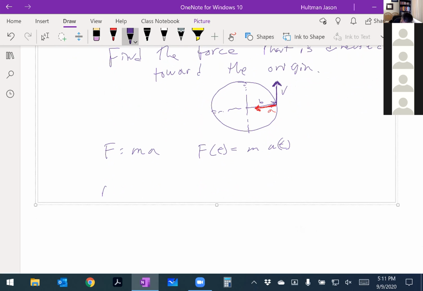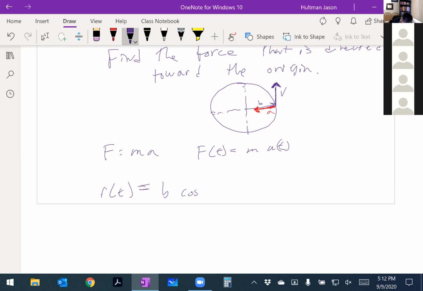We know that r of t is equal to b times the cosine of omega t i plus b times the sine of omega t j. Let's get r prime of t, which is our velocity.